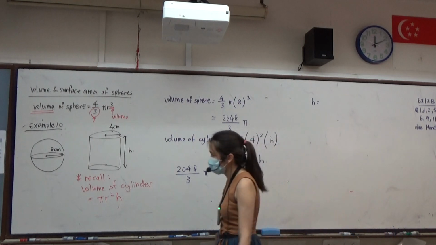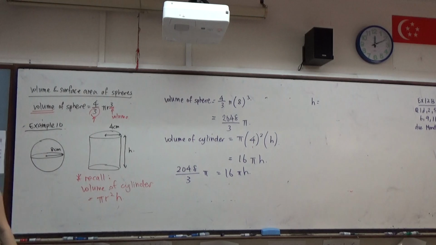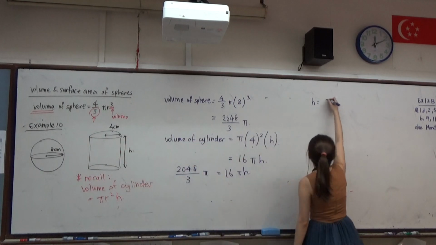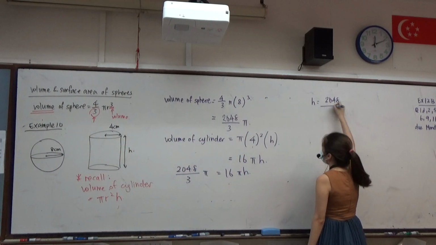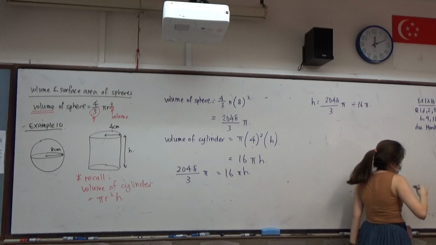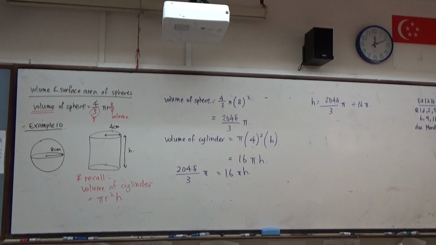Or if you're thinking of something else, what are you thinking about? Okay, very good. So 2048 over 3 pi divided by 16 pi. In this case, you get a very nice number, and that will be 42.7.